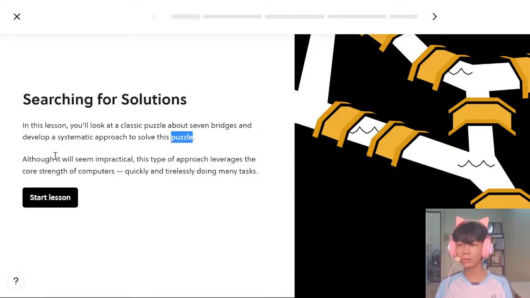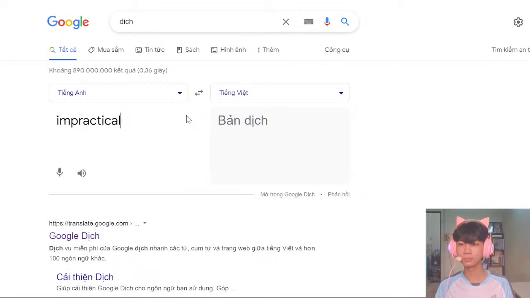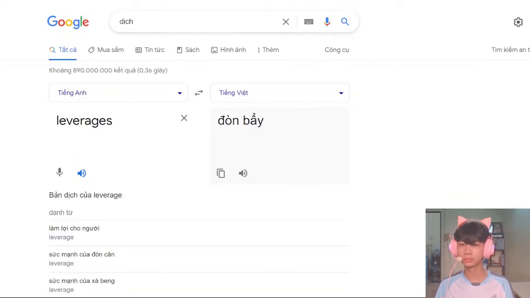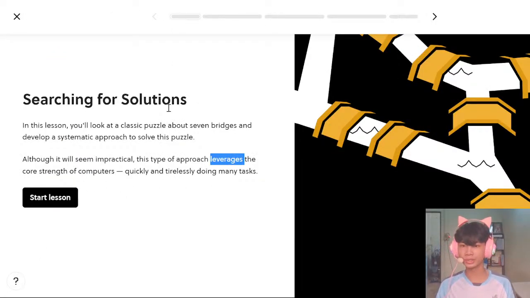Although it will seem impractical, this type of approach leverages the core strength of computers, like quickly and tirelessly doing many tasks.